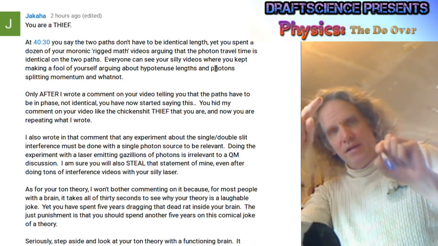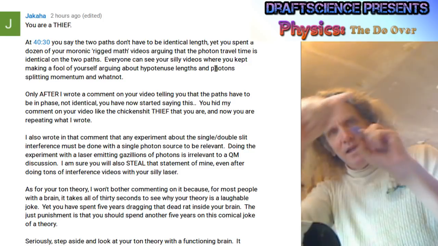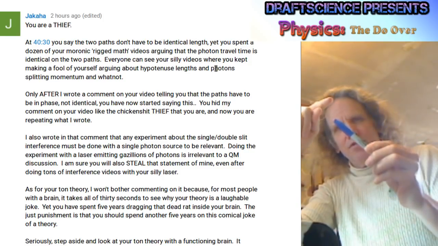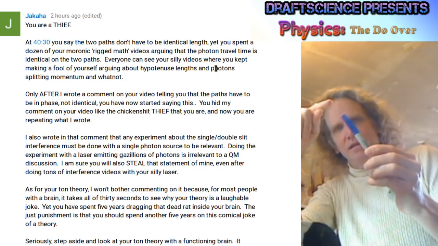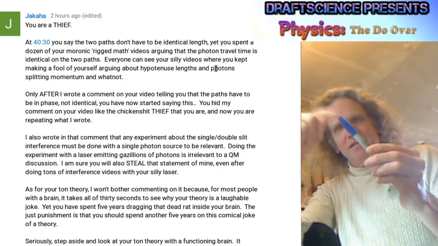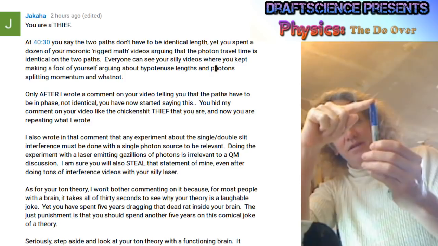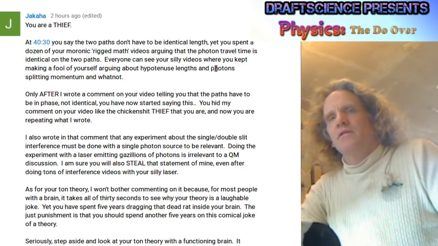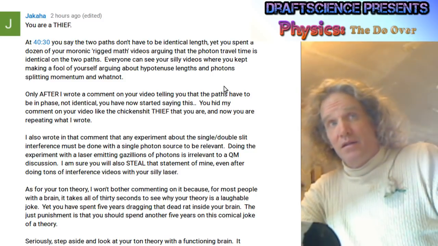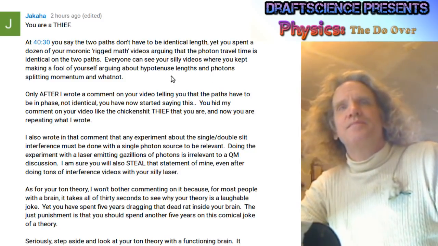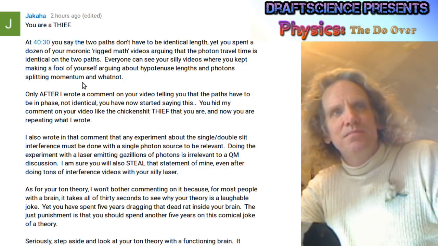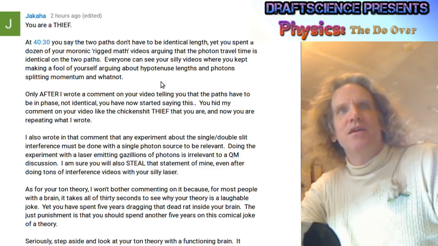Like if it was a light beam and it had to get to these two locations at exactly the same time, it can't do that, you see, because it runs not enough distance. Distance is enough here, not enough distance here. Okay, but that's not a valid concept according to you. Okay. Lengths and photons splitting, momentum, and whatnot.